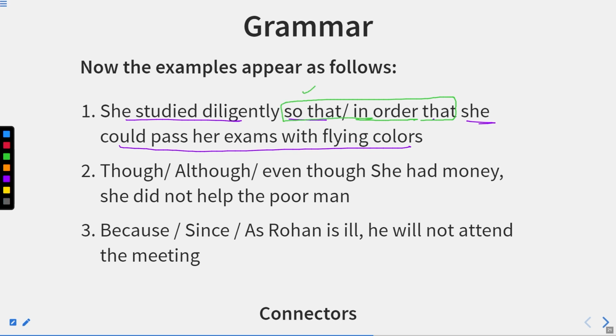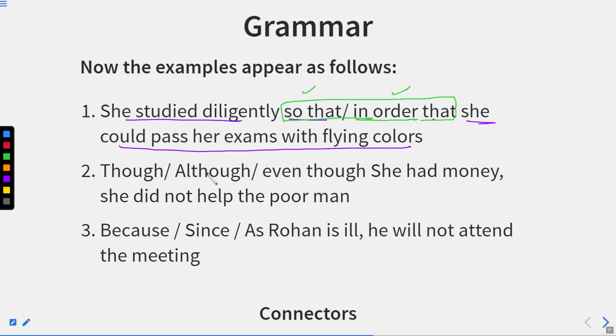So we can either use this or this, but one at a time. So the sentence will be, she studied diligently so that she could pass her exams with flying colors. Moreover, we can say, she studied diligently in order that she could pass her exams with flying colors. So two separate sentences, when joined together using a conjunction, give us this structure.